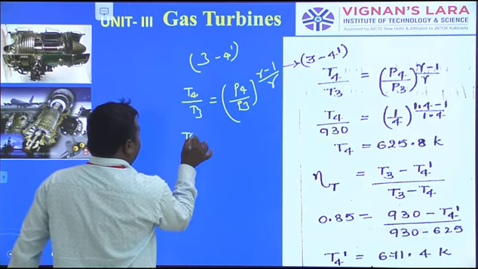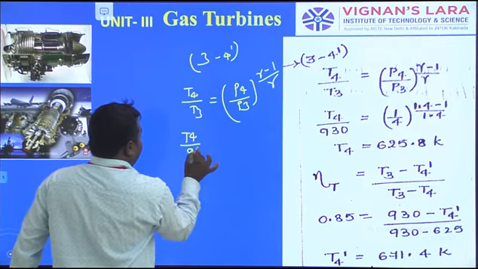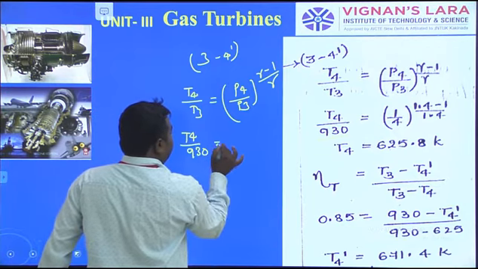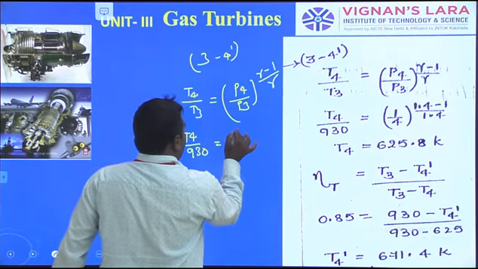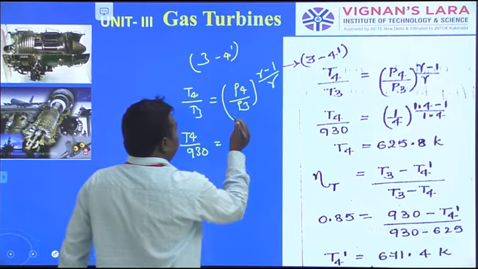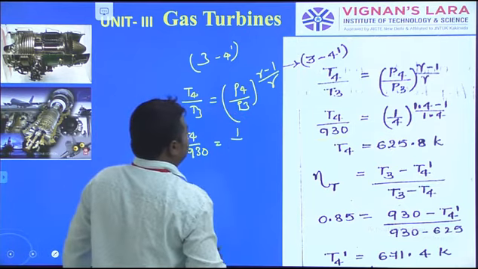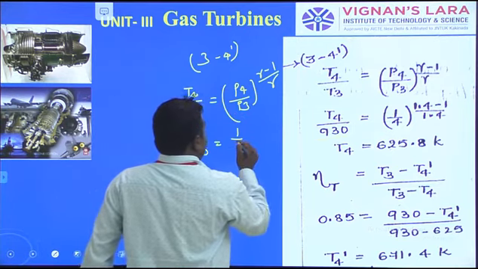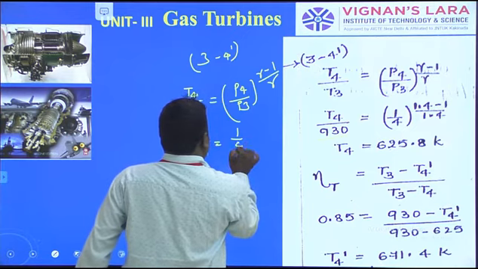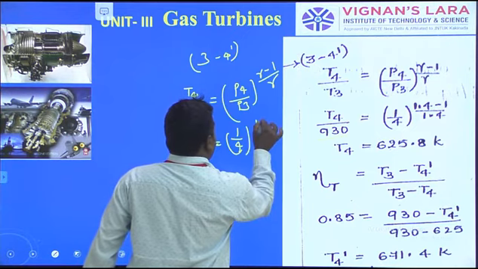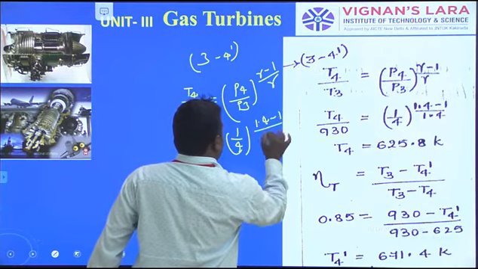So T4 by 930 equal to P4 by P3, which we know is 1 by 4, whole power 1.4 minus 1 by 1.4.